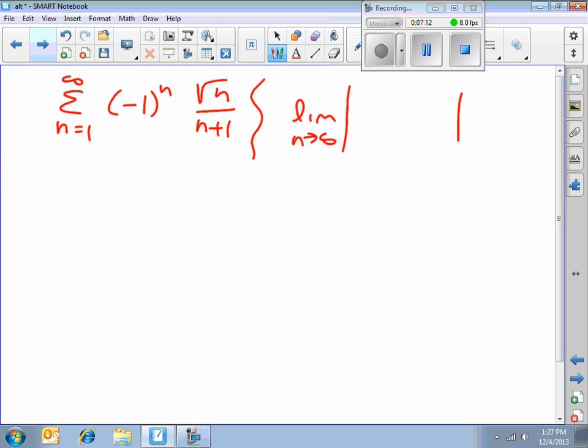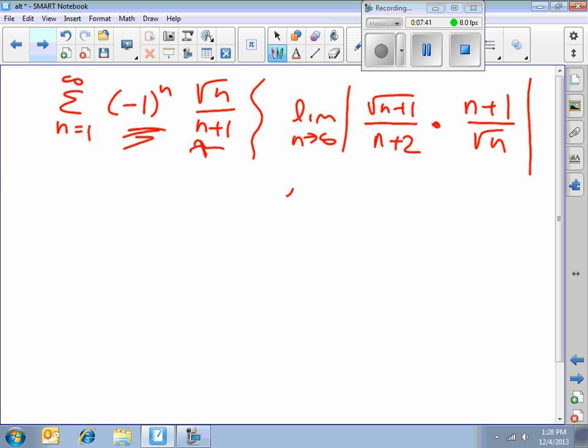Now the absolute value takes that alternating part away, because it doesn't matter if it's negative or positive, it's always going to be positive. So what I can really just consider is what's going on with the a sub n part. So I add 1 to this, n plus 1, over, if I add 1 to this n, it's actually n plus 2, and dividing by any fraction is the same as multiplying by the reciprocal, n plus 1 over square root of n. So we're looking at the limit as n approaches infinity.